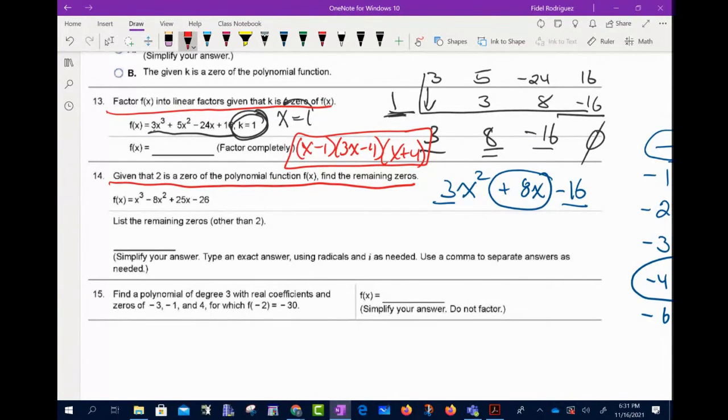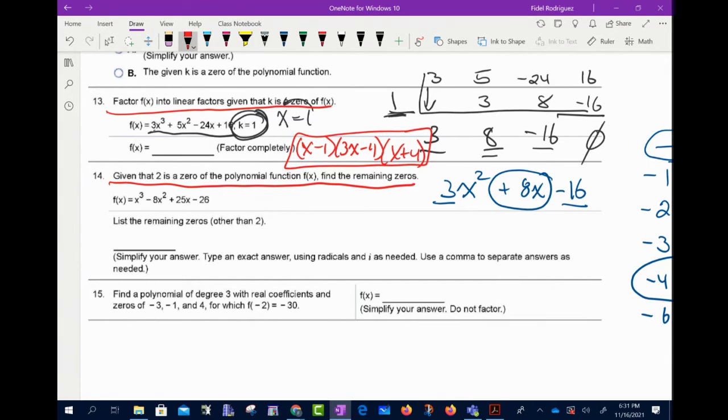So we knew in 13 that k equals 1 was a 0. We used that so we could bring down our x to the third polynomial to an x squared polynomial, and then we just factored it out and we stopped there. In 14, we're going to go an extra step. So I tell you what, let's do 14 as well, because again, I want you all to see the difference in 13 and 14, okay?